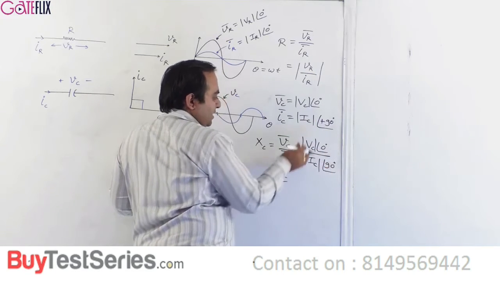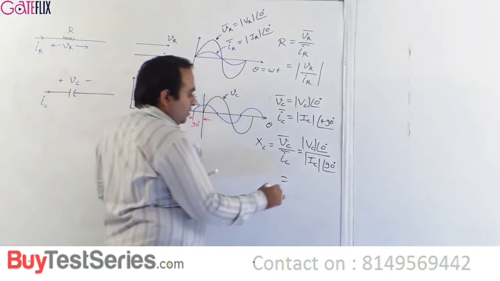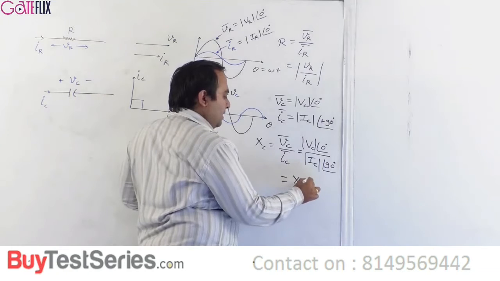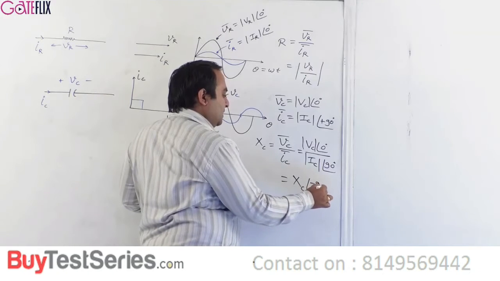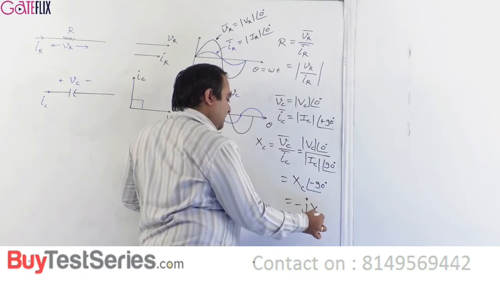So VC by IC becomes XC, the capacitive reactance, XC angle minus 90 degrees, or you can call it minus jXC.